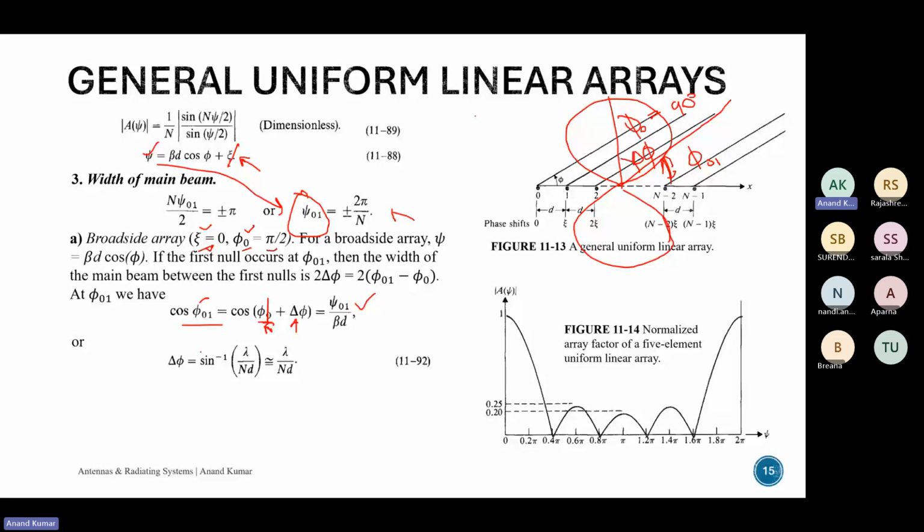Taking the inverse of sine, we get lambda by nd. We are getting this lambda by nd because psi 0 1 is equal to 2 pi by n, so we substitute 2 pi by n over here, over n beta d. Now beta is equal to 2 pi by lambda.